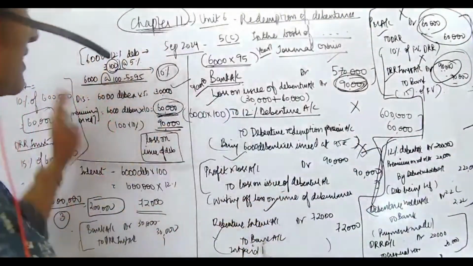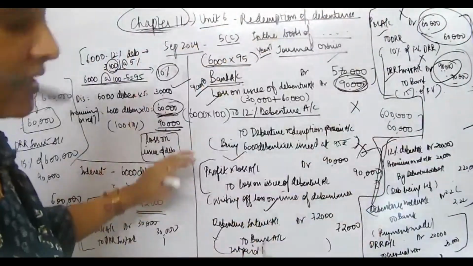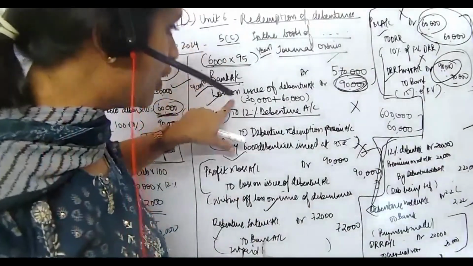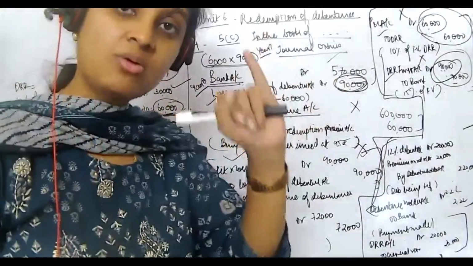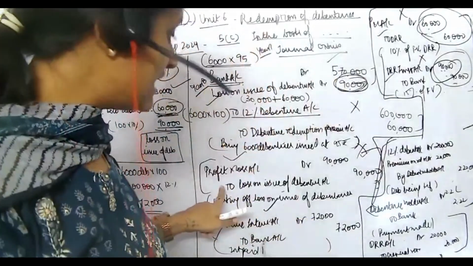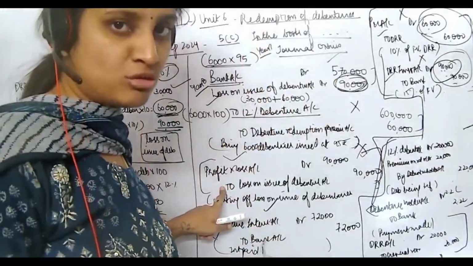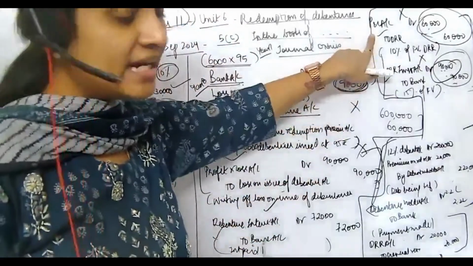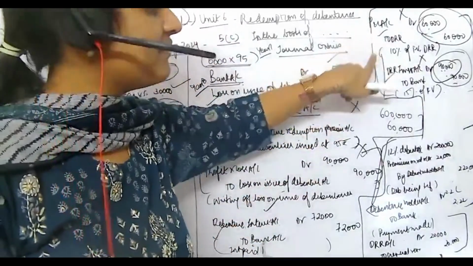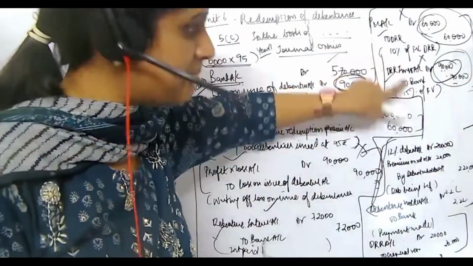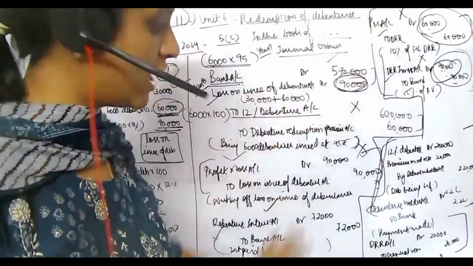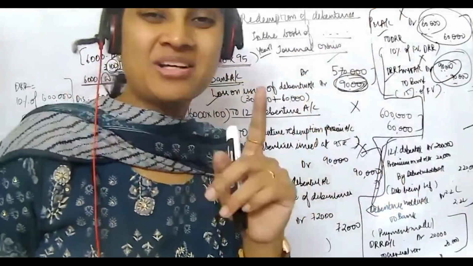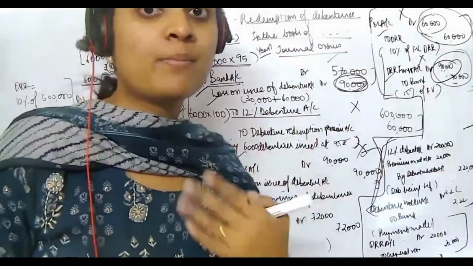Shall we go ahead and pass? Did you understand everything? In year 1, there was the issue entry. In the issue, we recorded the loss, which included discount plus the premium. We then wrote off the loss to the P&L. Then we paid the debenture interest. Then we created the DRR. Then we made the investment. So this was 10%, this was 15%. These were all clear. Now when you come to redemption, there is one condition. Not in 1 year, but in 3 years I am going to redeem.